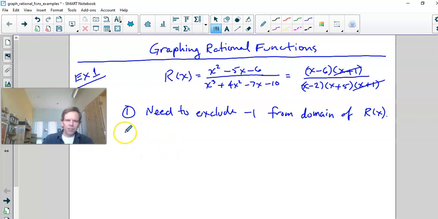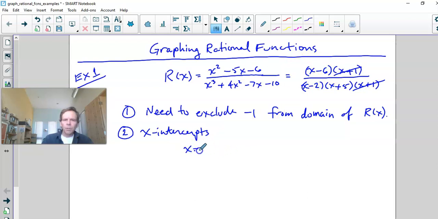Okay, next, we'll get into the more detailed stuff that we need to graph this thing. First, we'll start with the x-intercepts. And we know that those occur at the zeros of the numerator. And we have 1 here, it's 6. 6 would make the numerator 0.